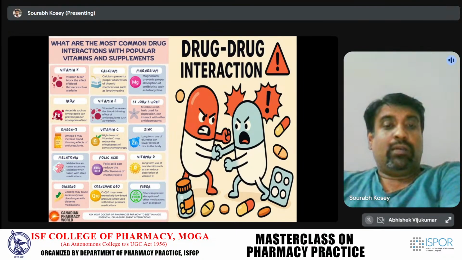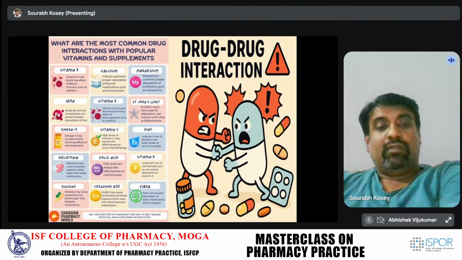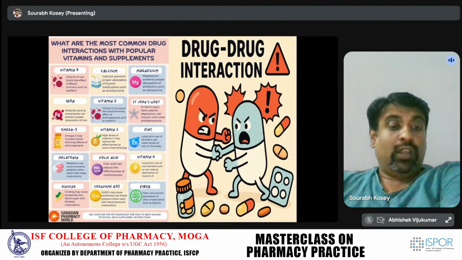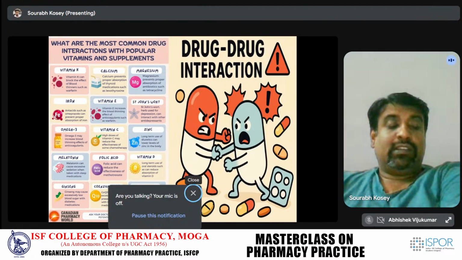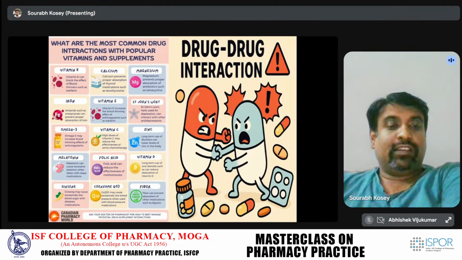Zinc: long-term use of diuretics with zinc can lower levels of zinc in the body. Melatonin can cause excessive sedation when taken with sleep sedatives and hypnotics. Folic acid can reduce the effectiveness of methotrexate when taken together.